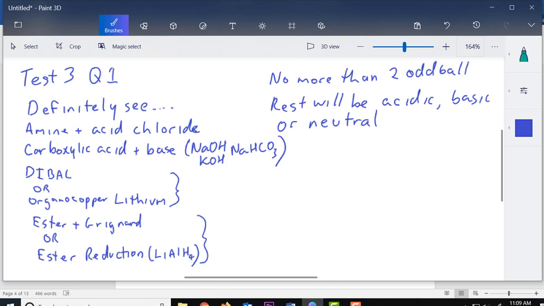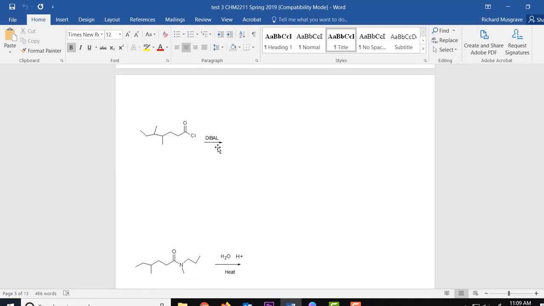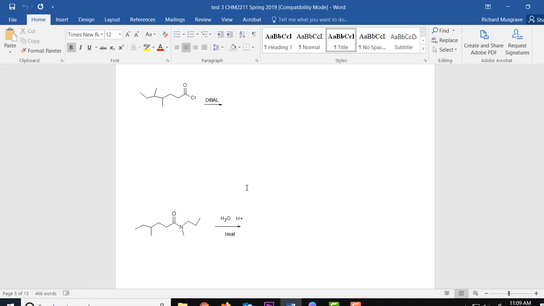And the other one you'll definitely see is this one, which is either going to be DIBAL or the organocopper lithium reagent. So it'll be one of those two for that one there. The rest of these will be either acidic, basic, or neutral. Now I've done another video that goes through all of the reactions and classifies them as being acidic, basic, neutral, or oddball.